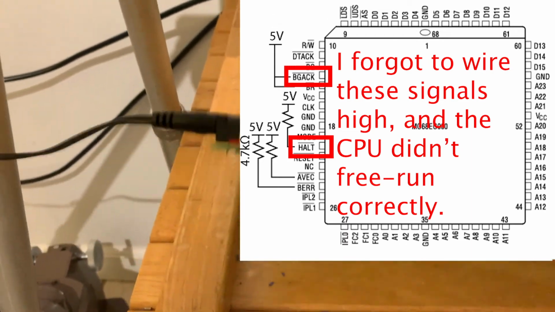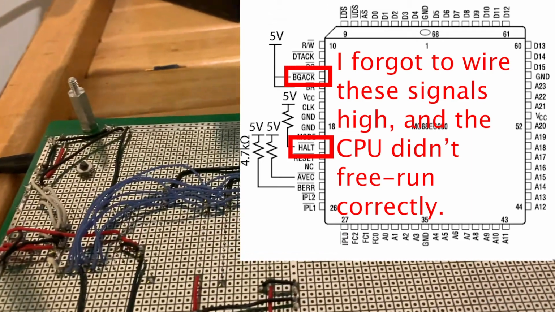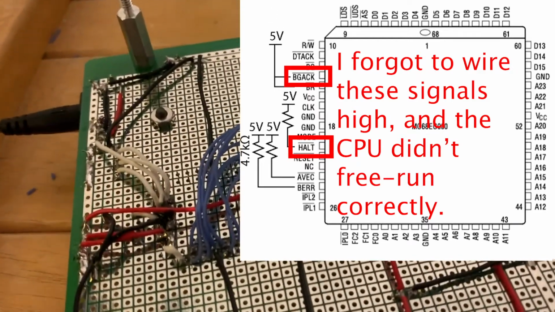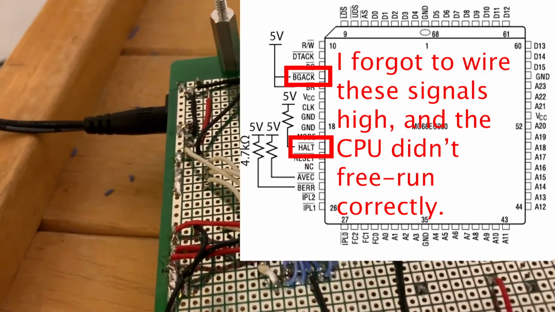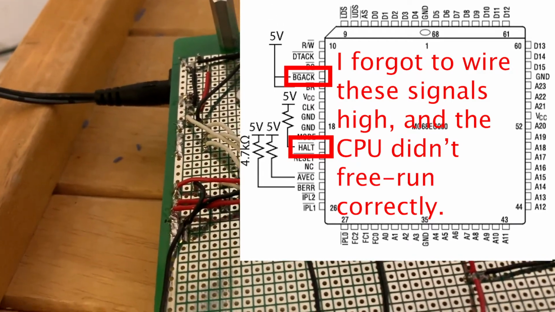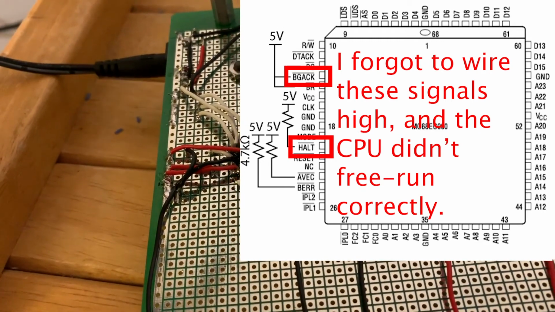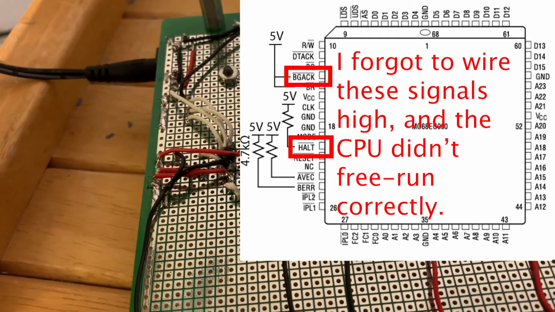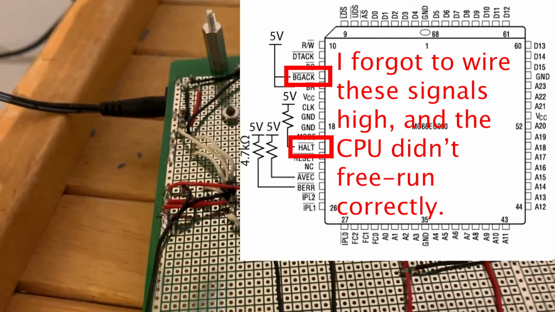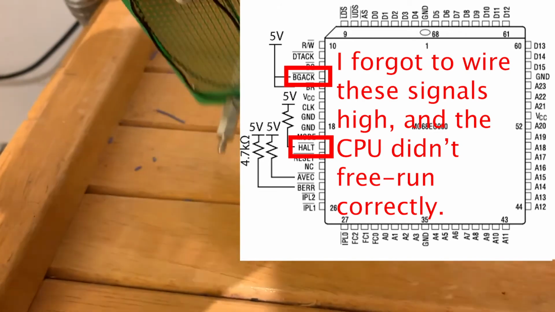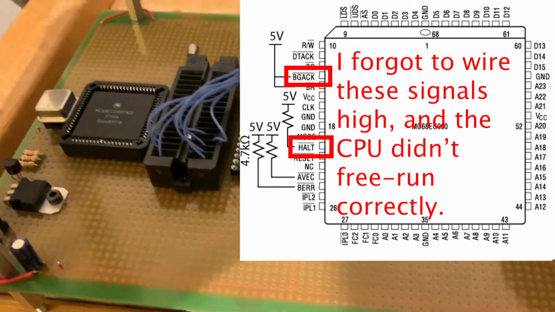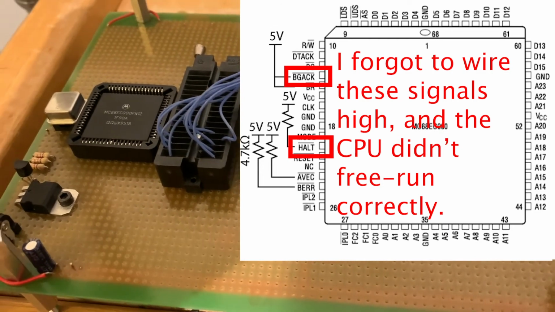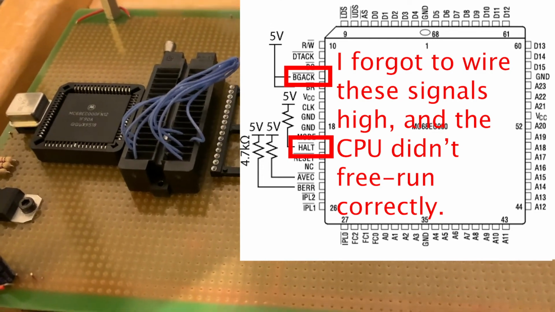I had tied all of those either directly to 5 volts or through a resistor to 5 volts. They're all active low signals that cause an interrupt on the processor. When I would plug the CPU in, it would run for a couple of seconds, and then address strobe would just get stuck low, and it would just stay low.